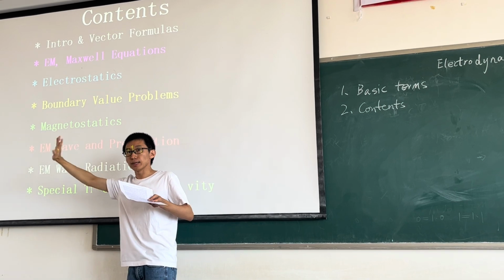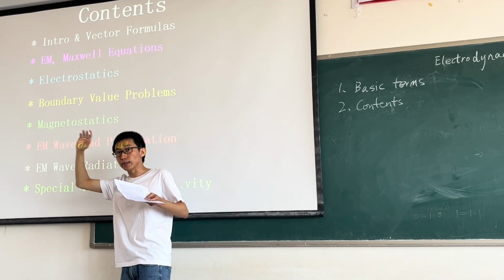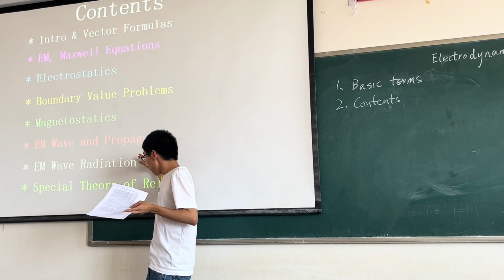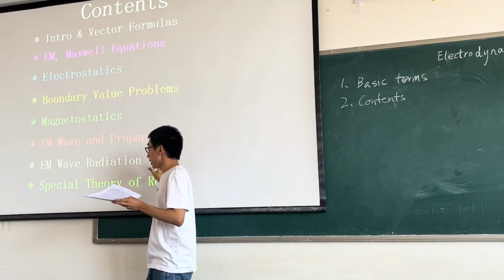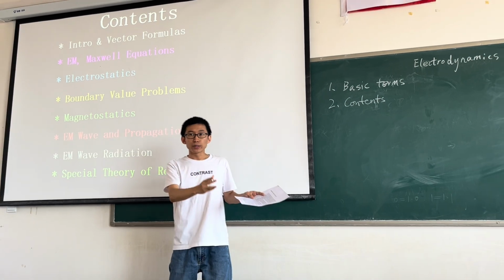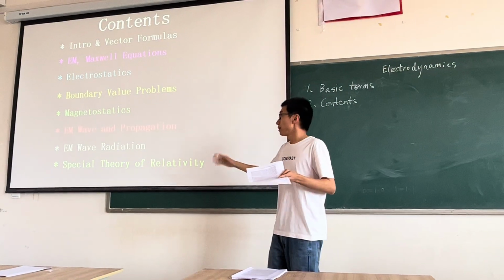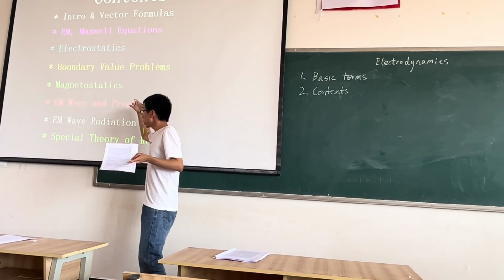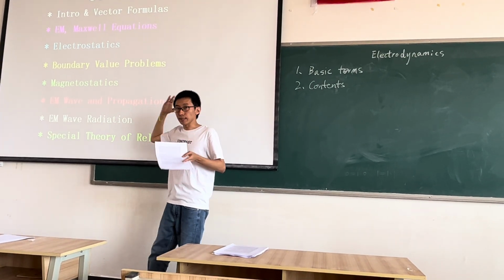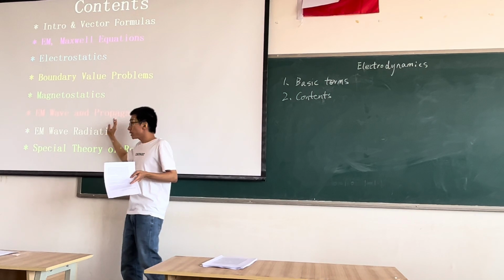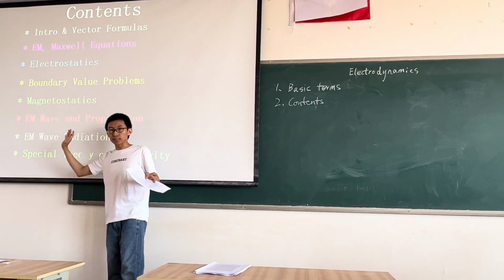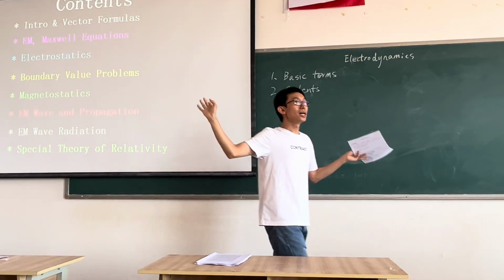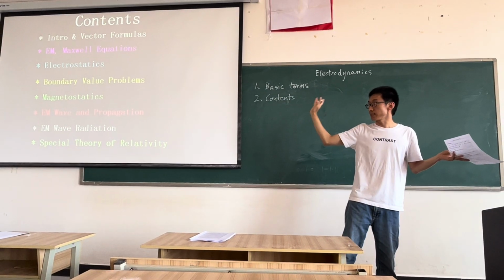It travels, goes in front, in this way, in other ways, right? And radiation makes the transfer of energy more important than propagation. So propagation is to propagate information, and radiation is to radiate energy. That's the difference between propagation and radiation.